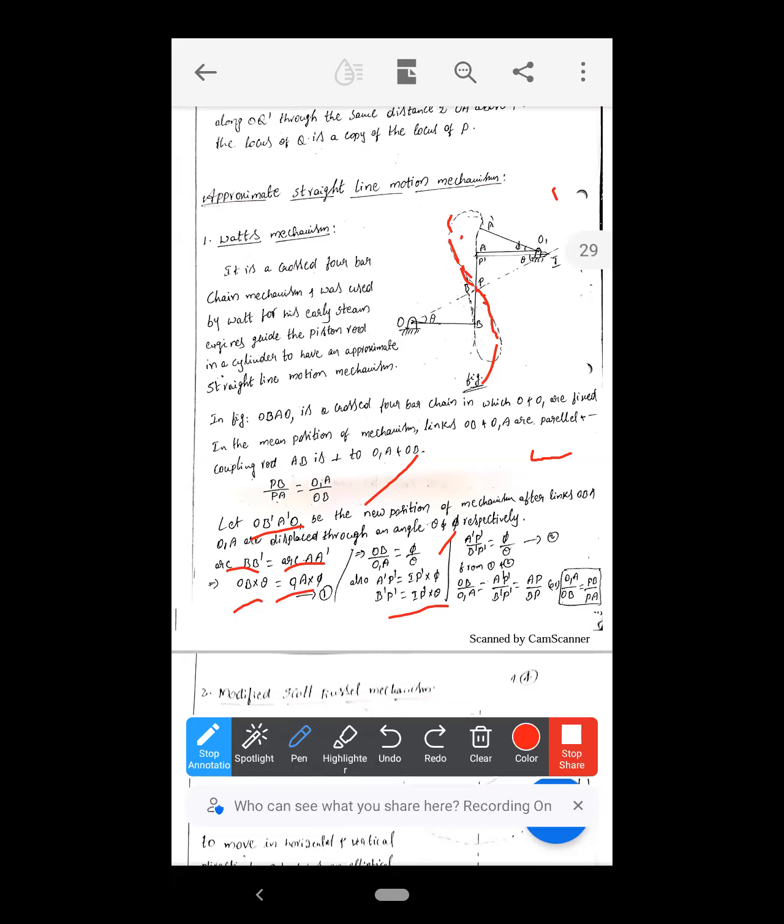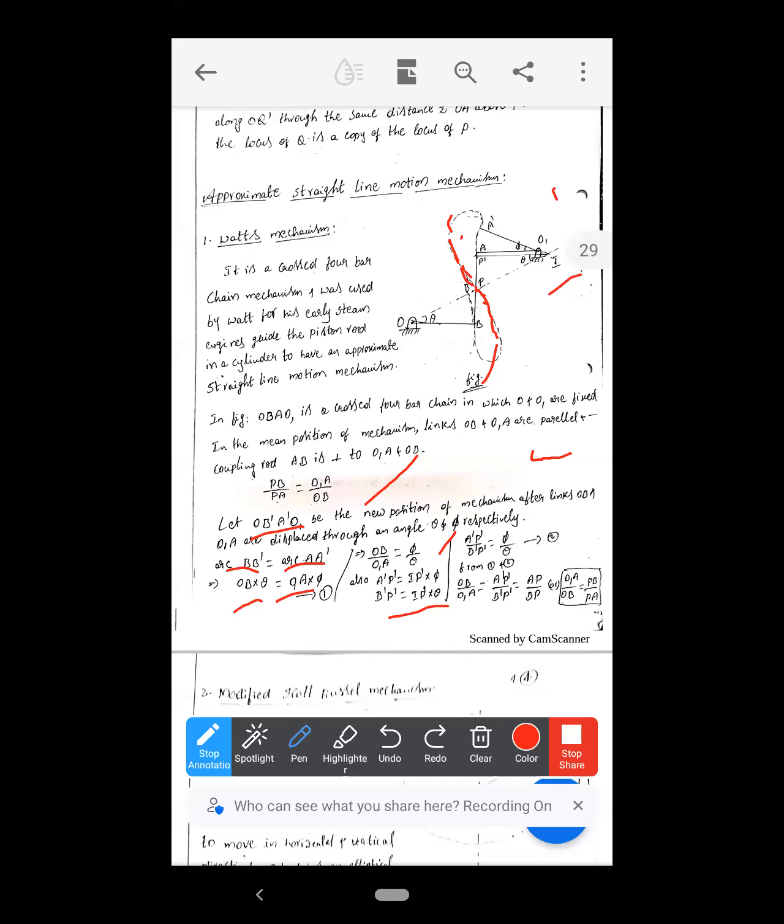Where we have I, that is also mentioned here, near the O1 place. So A dash P dash by B dash P dash equals phi by theta, isn't it?